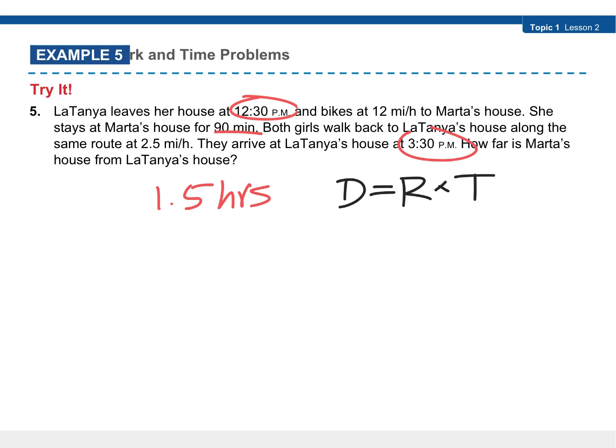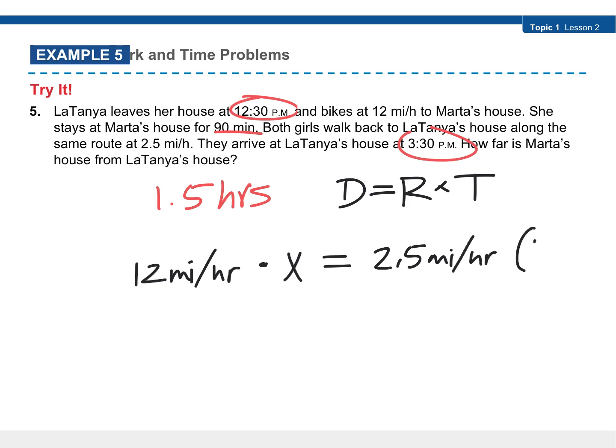So we take our rate biking, which is 12 miles an hour, multiply that times our time, which we don't know, but we'll call it x, equals her rate walking back, which was 2.5 miles an hour, times the time there. Now the time there is going to be 1.5 minus x.